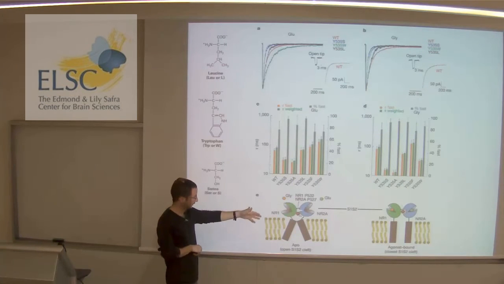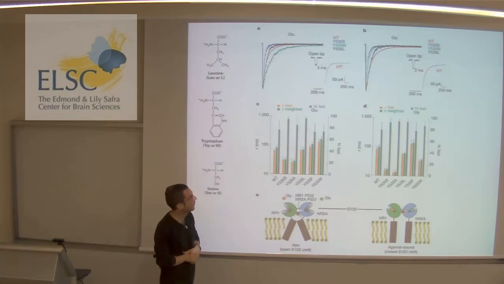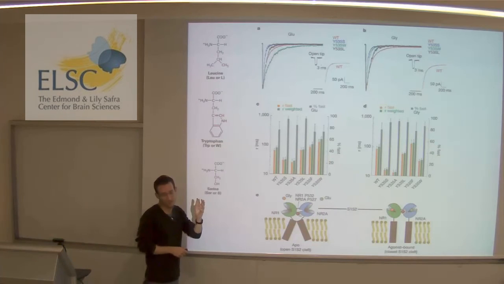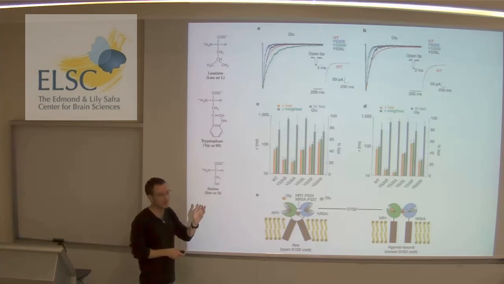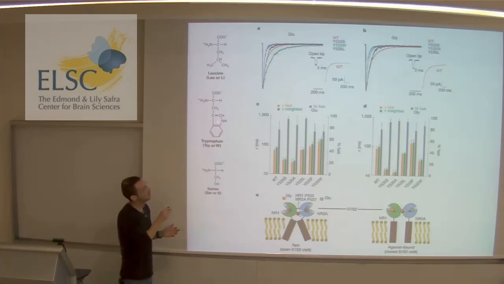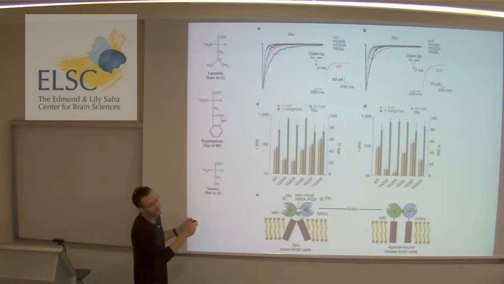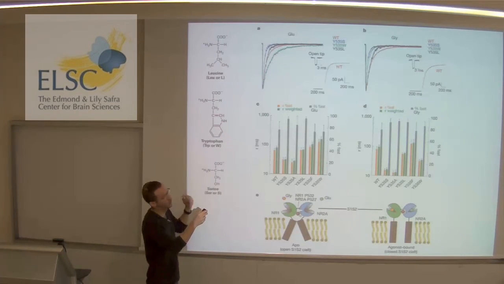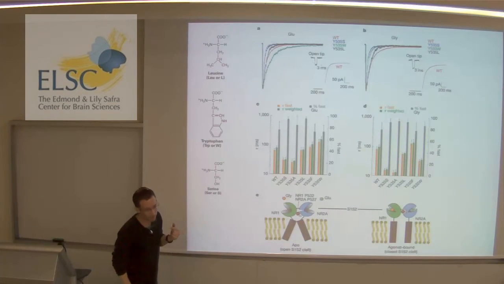Wild type means that you have a tyrosine in this site. And I think the more interesting thing is the mutation to tryptophan, which has maybe two aromatic rings. Anyway, the mutation to tryptophan is kind of a gain of function, not a loss of function mutation, in the sense that you have this green curve here. You get even slower deactivation than is the case in the wild type.